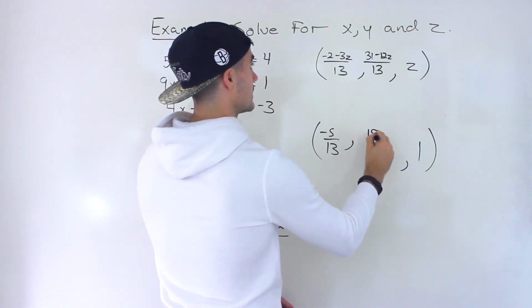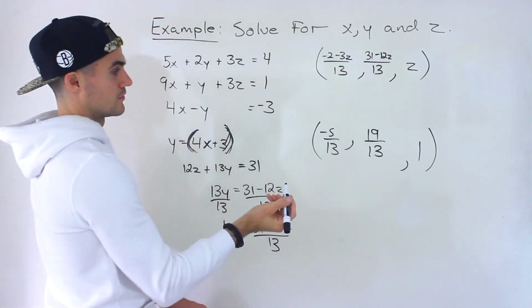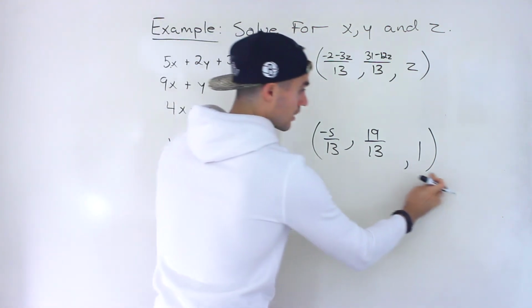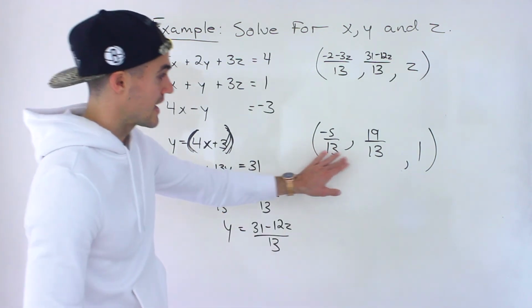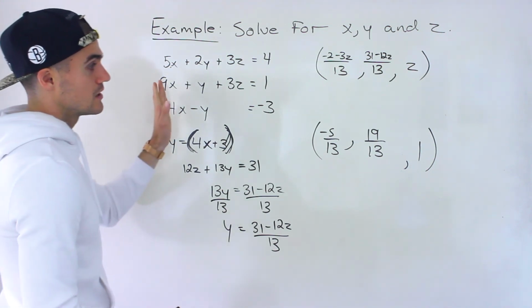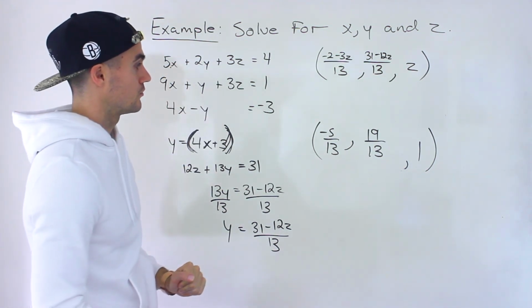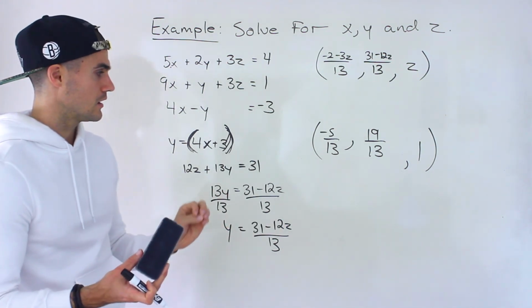And so we'd end up with 19 over 13. So this here would be a point of intersection, and then you could test the point by taking this x, y, and z, plugging it in for all of these equations, making sure the left side is equal to the right side.